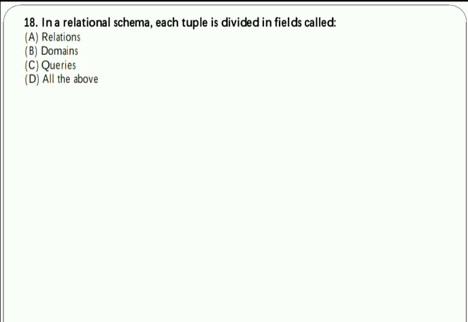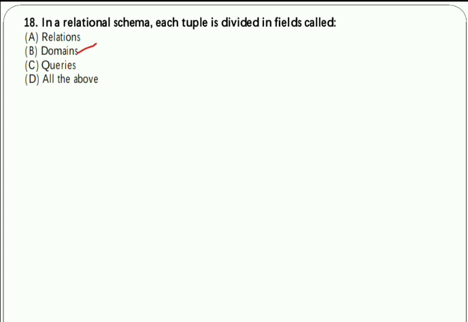Next one. In a relational schema, each tuple is divided into fields called. So in a particular relational schema, each tuple means a row. Okay. So here the answer is domains. A domain is defined as a set of all unique values permitted for an attribute.